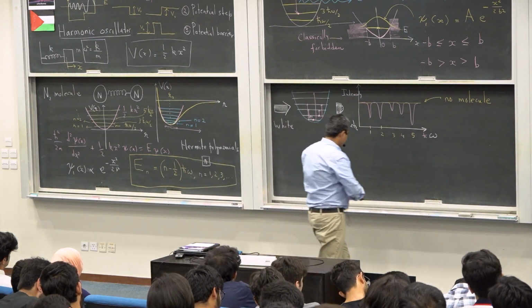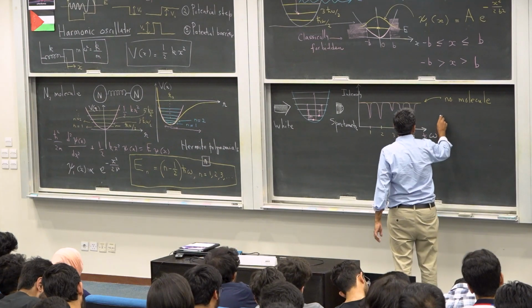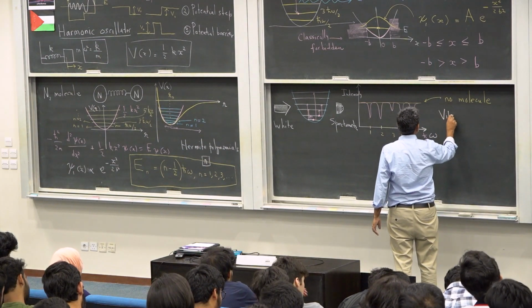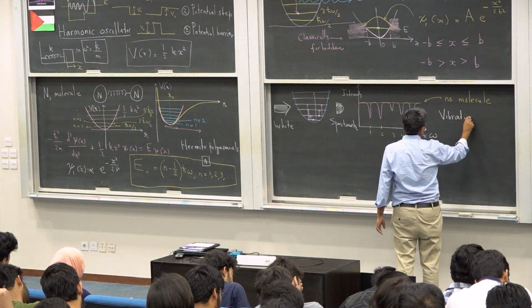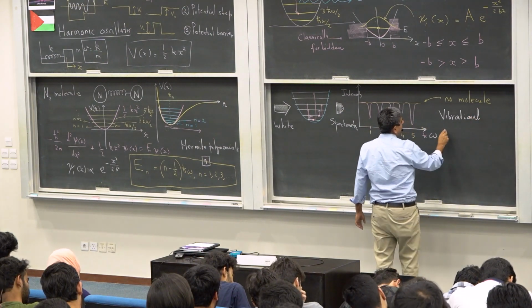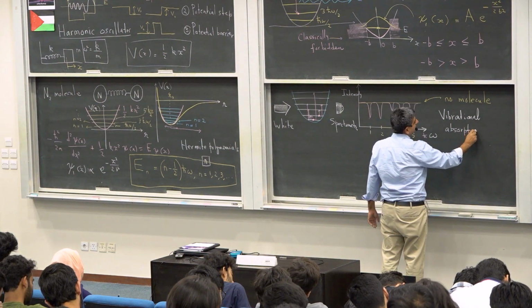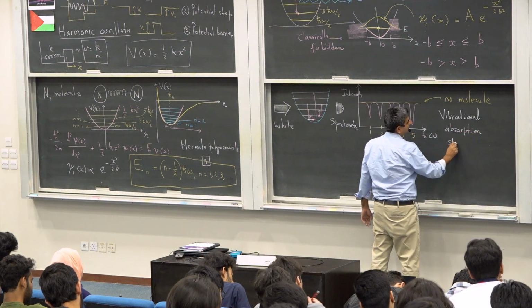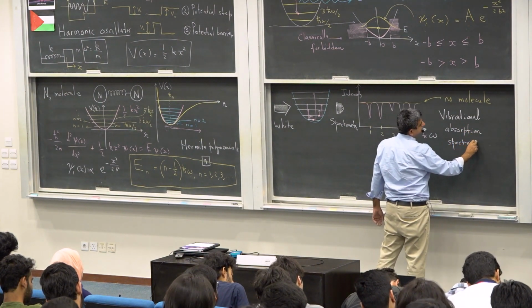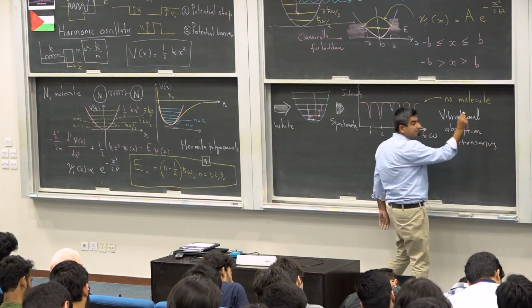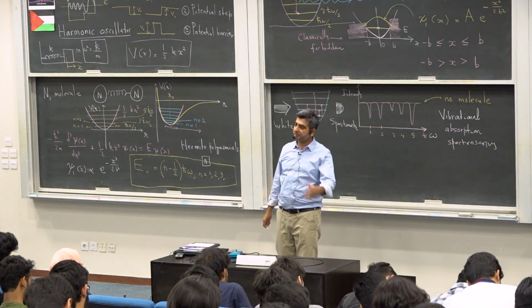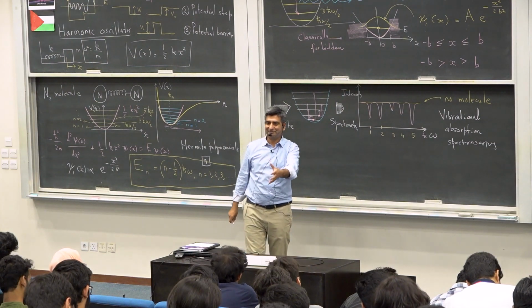By the way, this is called vibrational absorption spectroscopy, because you're looking at the vibrational degree of freedom. So this is an example of an absorption spectrum, and there are spectrometers that can do this for you.